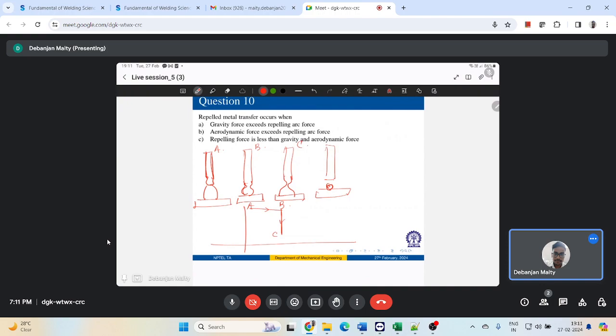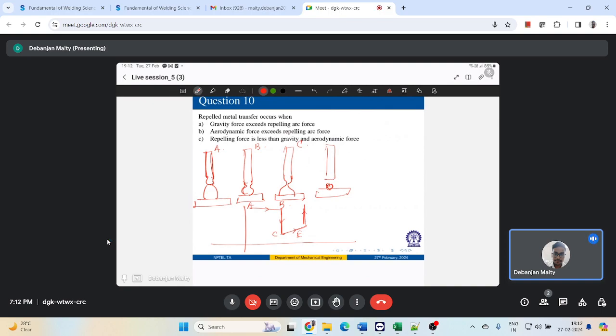And whenever there will be detachment, there will be an increase in voltage and it gets restored to its original voltage position because the next cycle will get started, right?